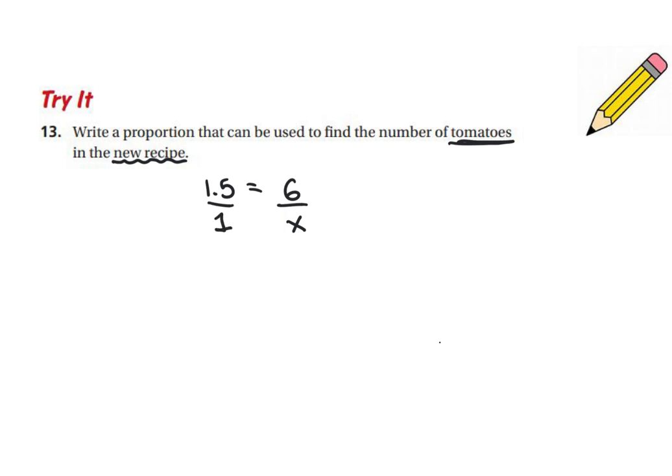So now we have our proportion. 1.5 times 4 gets us to 6. So 1 times 4 gets us to 4. So in the new recipe again, we will have 6 cups of black beans and 4 tomatoes.